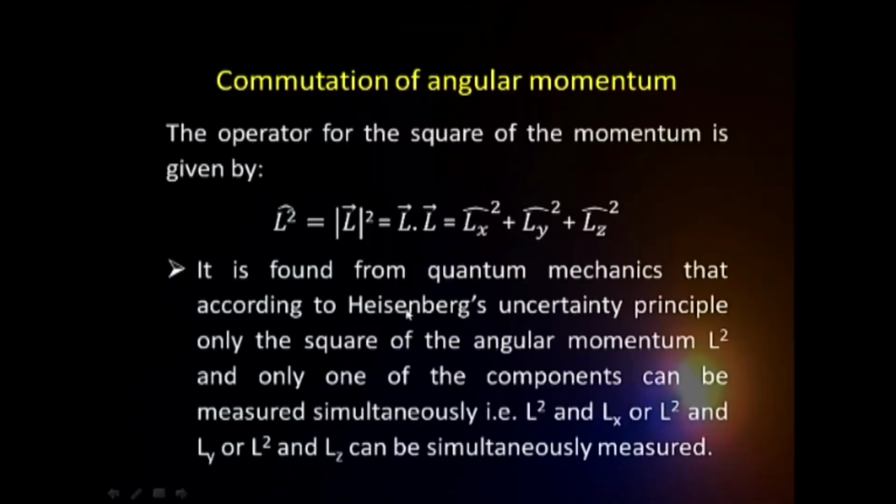If I have operators which do not commute, then we cannot measure them simultaneously, and that is a difference between classical mechanics and quantum mechanics. There is L square, which is the summation of all the square terms of the x, y and z angular momentum, and whether they commute or not is important because it tells you whether they can be measured simultaneously or not.